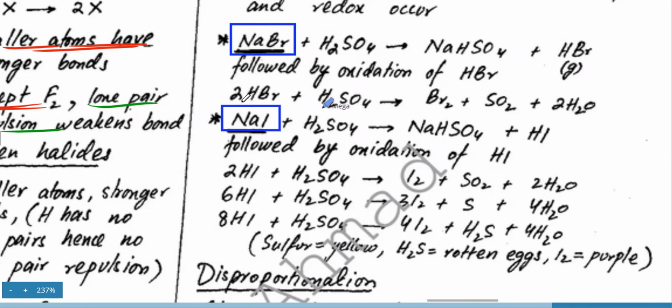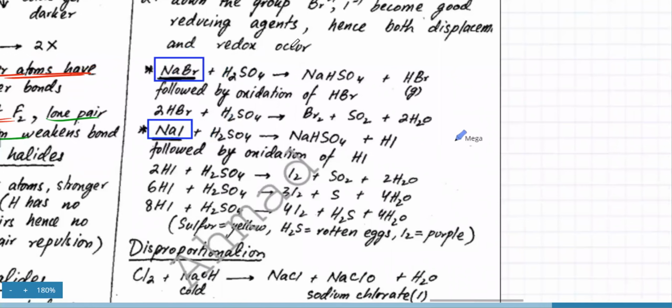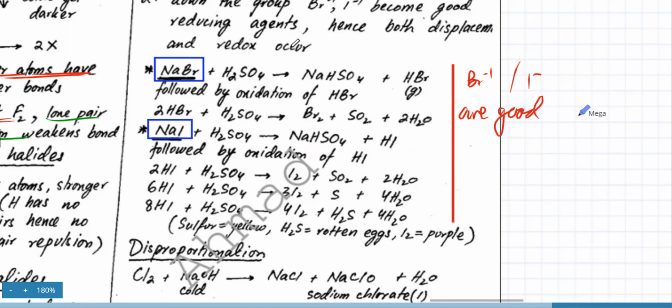Now what happens with them is that instead of a normal reaction, you start getting a redox reaction. They react because they have I- and Br-, so they're good reducing agents.